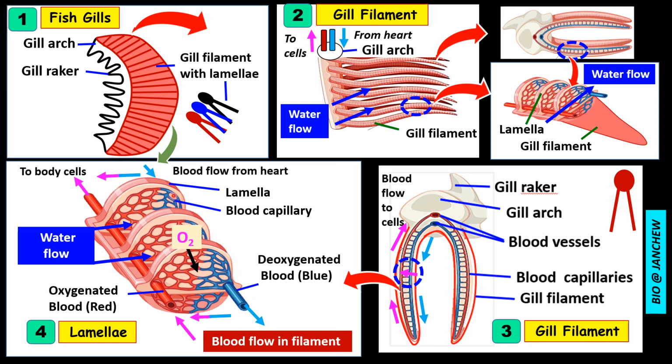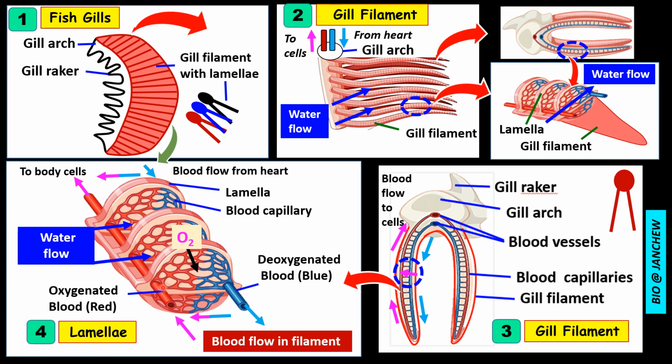The blood will flow in this direction, from right to left, in the lamella. But the water flow is in the opposite direction, from left to right. As the water flows past the lamella, oxygen will diffuse into the blood capillaries, right? So the blood becomes oxygenated blood, so it's colored red here.